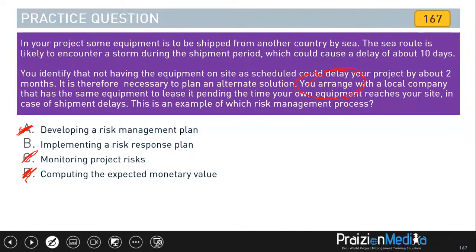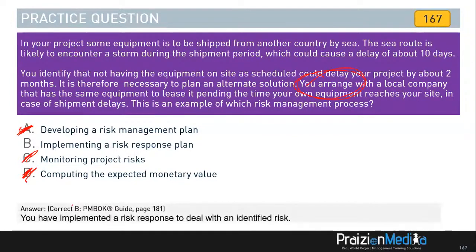So, in essence, you are implementing a risk response plan, some sort of mitigation measure. Can't totally avoid it, but you could mitigate it. All right, so your plan B is an alternate solution. Let's move on. So it says you have implemented a risk response to deal with an identified risk, B.